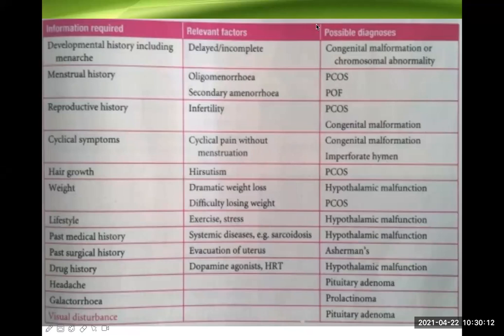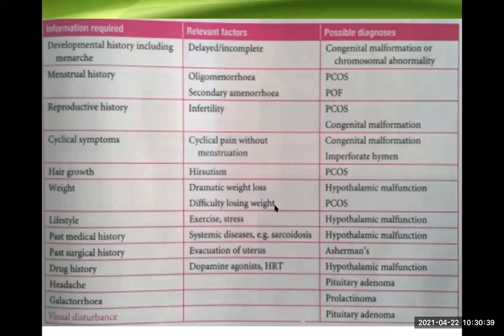Hair growth, which is known as hirsutism, is a classical feature of polycystic ovarian syndrome. Weight, whether there is a dramatic weight loss or difficulty losing weight, may show different things. Dramatic weight loss may result in hypothalamic malfunction, like anorexia nervosa, a very stressful condition, all those things.